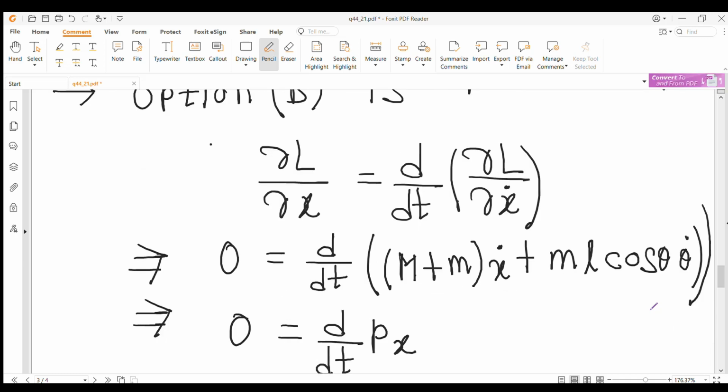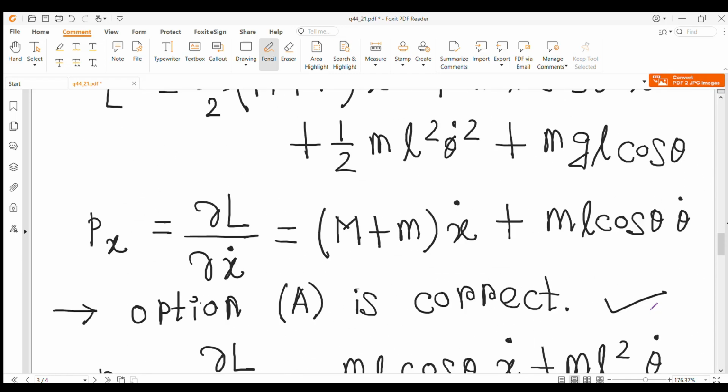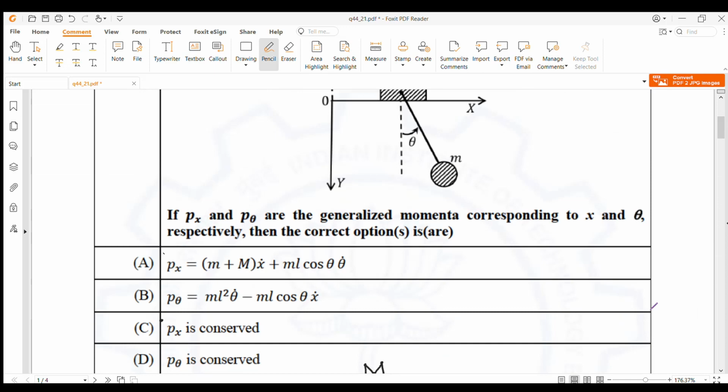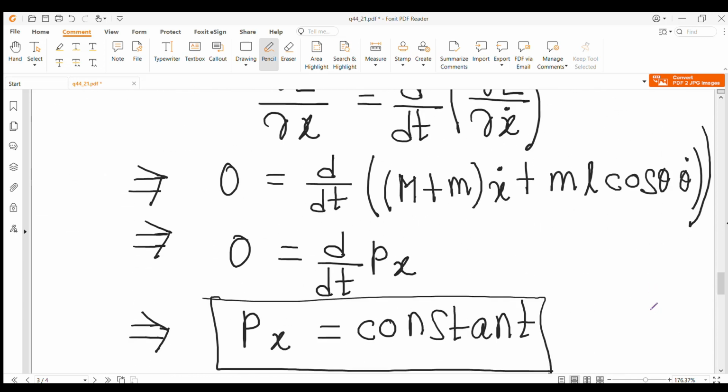Now px is equal to capital M plus small m into x dot plus ml cos theta into theta dot. So the equation of motion turns out to be dpx dt equal to 0. This means px is constant. In option C, we have px is conserved. So option C is correct.